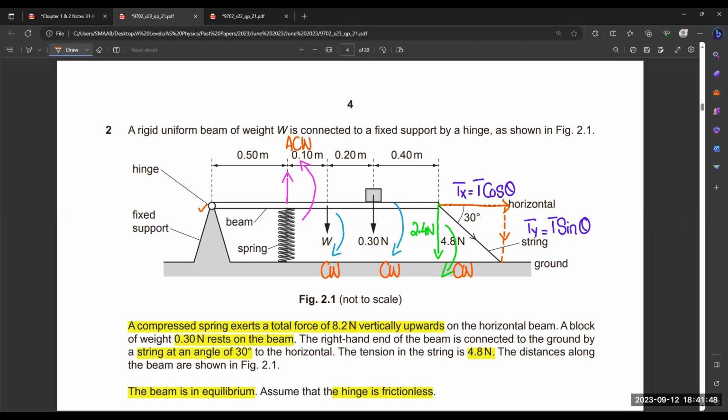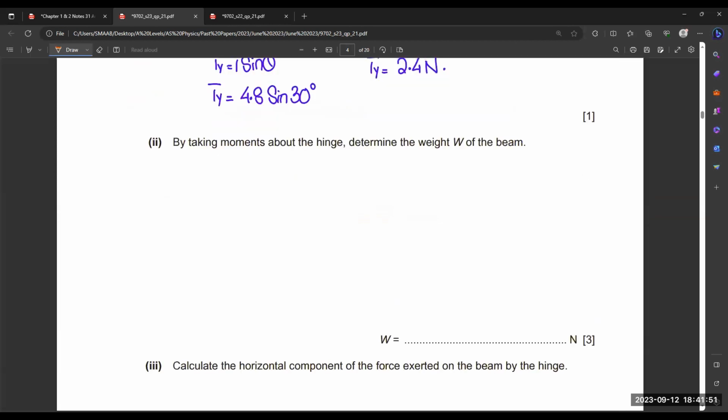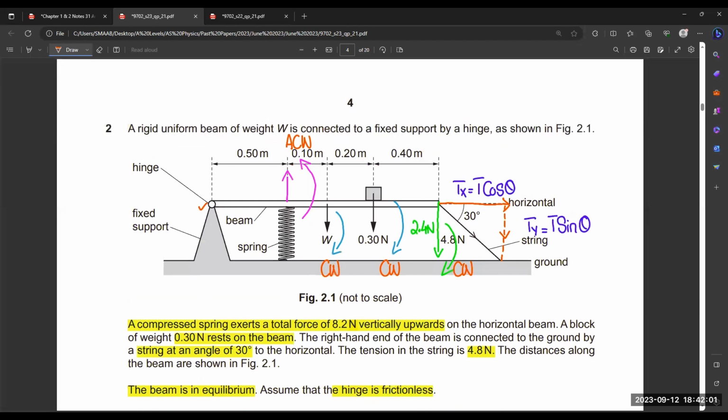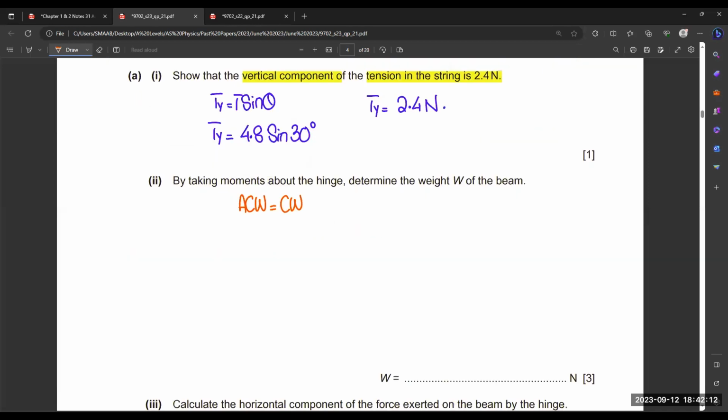So we have to use the formula of the principle of moment. The anti-clockwise rotation is only one. The value is given by the force exerted by the spring. So let's suppose we consider this one as F1, right?